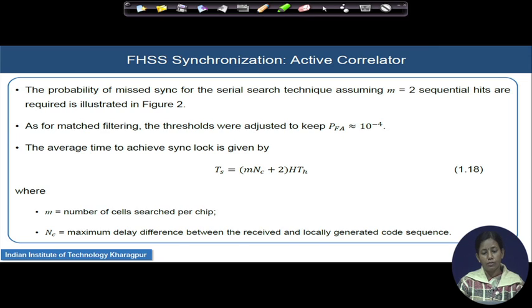Even if my acquisition time is not a big point of our consideration, remember one thing: if the number of the hop tones increases even beyond 256, if it becomes 1024, then even if you are giving me the relaxation of not putting any restriction on the acquisition time, I will still be very critical of choosing the serial search mechanism, because most of the bandwidth will be totally eaten up by the synchronization process.